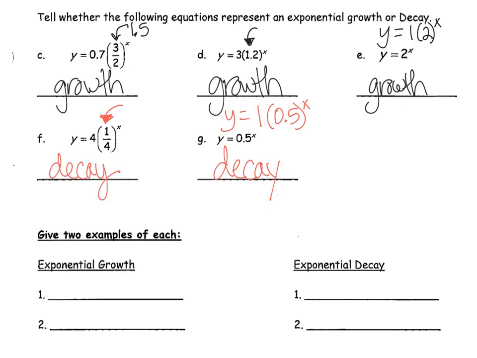All right, now I just need examples from you. I need you to tell me some that you think. Somebody give me a sample equation for an exponential growth. Y equals 2 times 3 to the x.